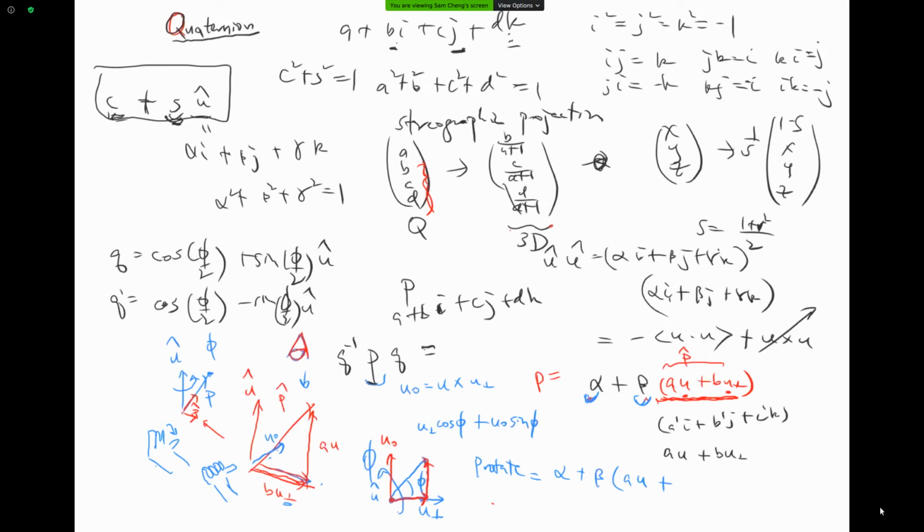So my rotated vector, what I expect, the changed part is b times U perpendicular cosine phi plus U0 sine phi.